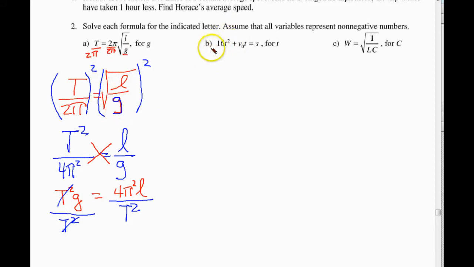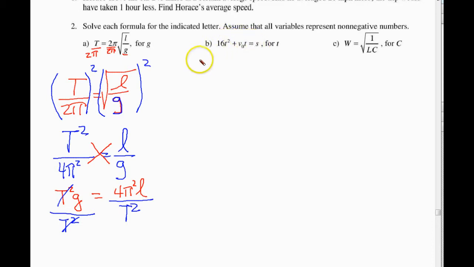All right, let's look at B here. Now we want to solve for the letter T. Notice we have a T there and a T squared there. So we go into our toolbox and say, what can we use to solve a funny kind of quadratic equation for t?